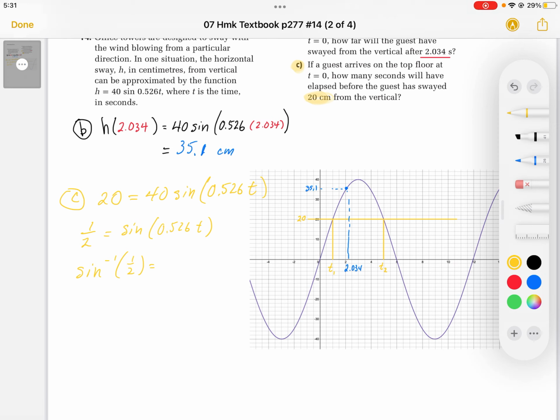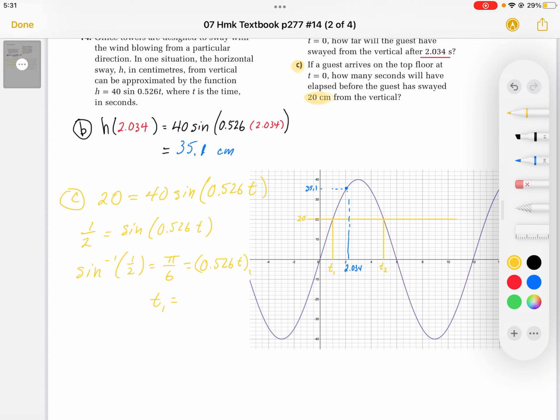it happens to be an exact value, so that works out to be 30 degrees, or pi over 6, and that's equal to 0.526t. And then solving for t, that's theta 1.